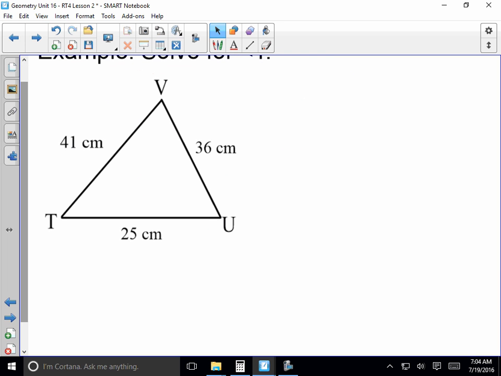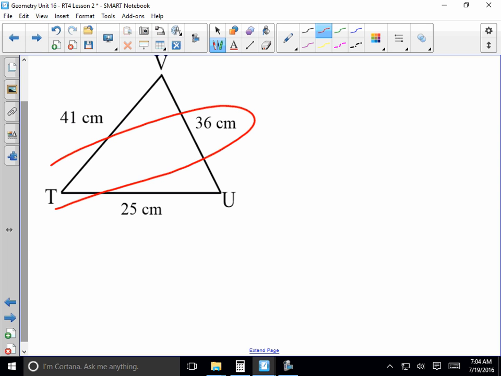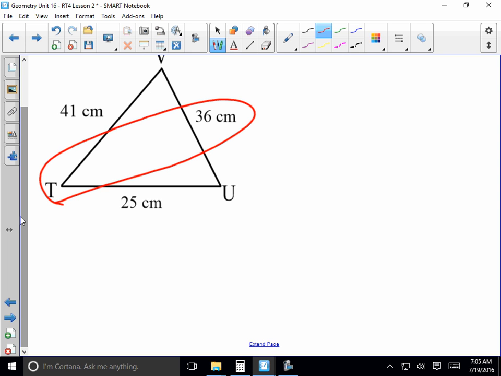One more example, just solving for T, same steps here. If you feel like you're good with the process, definitely jump into the assignment, but I'm going to run through just one more example, looking at it from a different perspective. So once again, find your angle and side pair. That's important for our initial setup. So we have 36 squared equals, and we have the cosine of T on the other side.